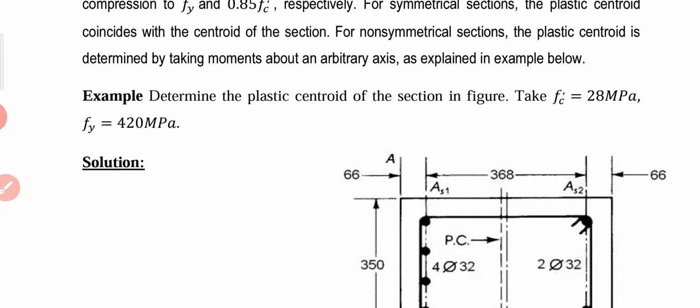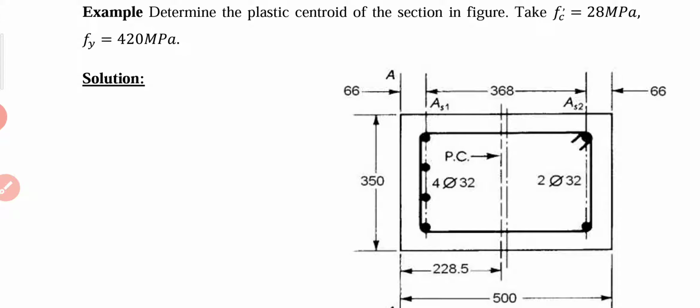So, to understand this, we can take an example. Example: determine the plastic centroid of the section in the figure. Take fc dash equal to 28 MPa, that is megapascal.